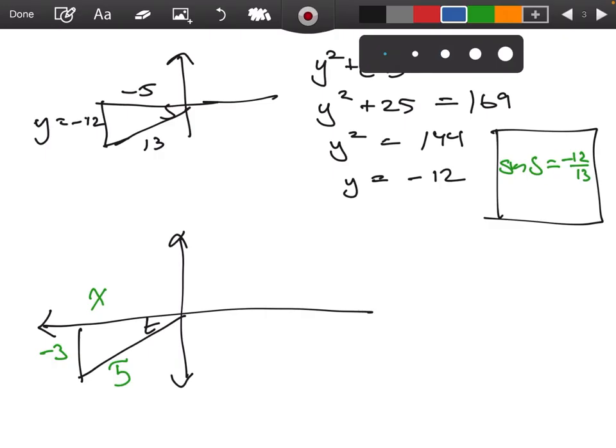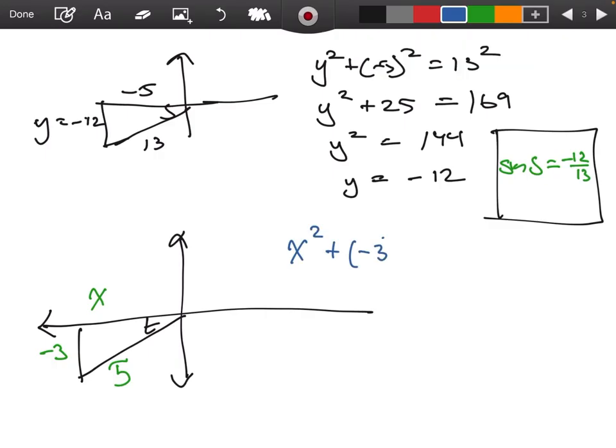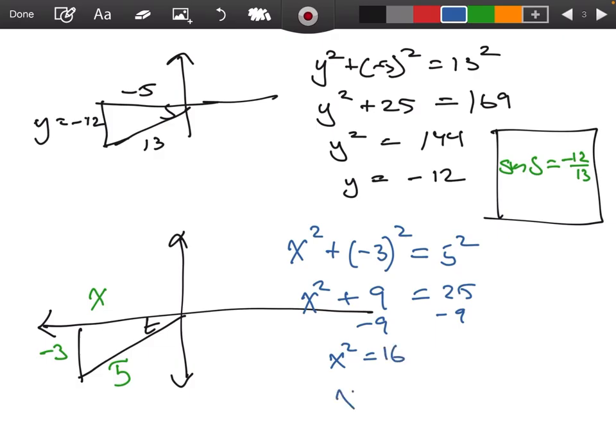We can say x squared plus negative 3 squared equals 5 squared. So that's 9, that's 25. We minus 9 on both sides, we get 16. Take the square root because we're in quadrant 3, that's a minus 4. So I know that the cosine of t is negative 4 over 5.